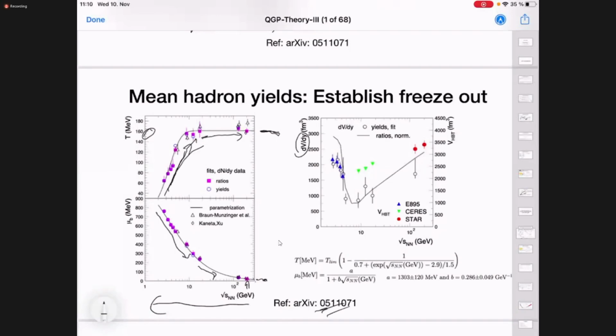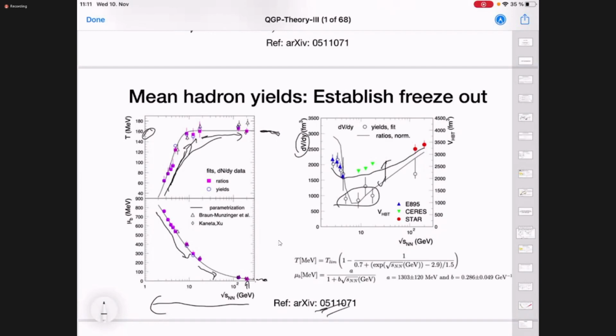The temperature and mu_B are more or less monotonic, however the volume shows a non-monotonic trend, with a minimum around 10 GeV. To compare with the HBT volume, these have also been shown here, although the estimates from HBT are very different because they come from a different observable, whereas these are from yields. So it is not bad that two different estimates give different volumes, because these are different physics.